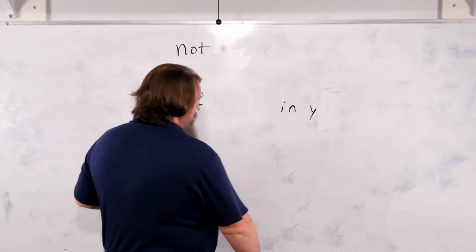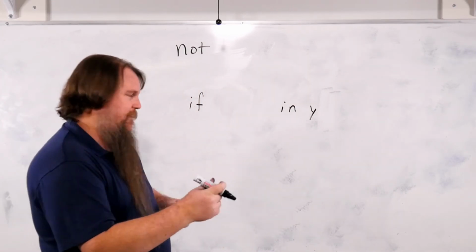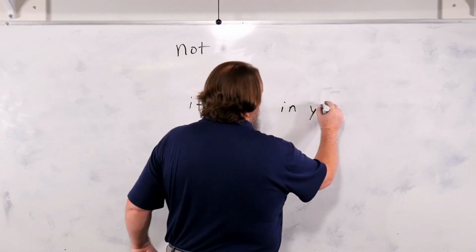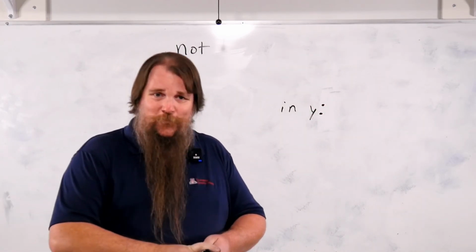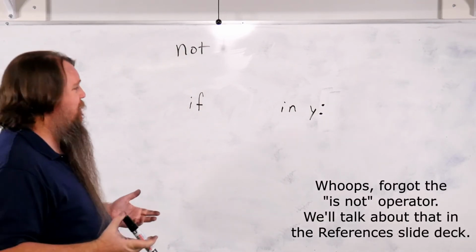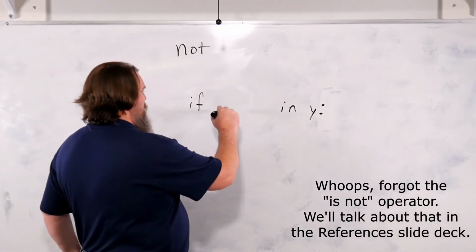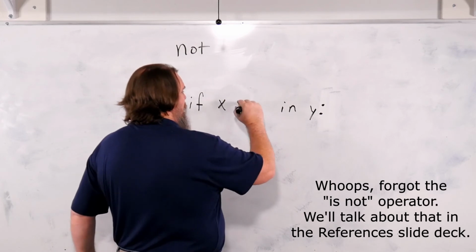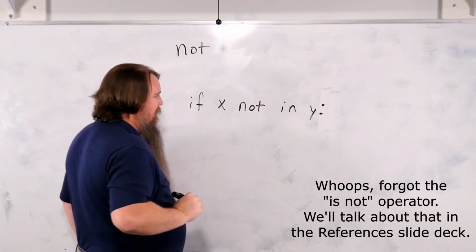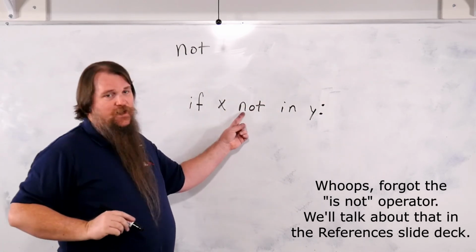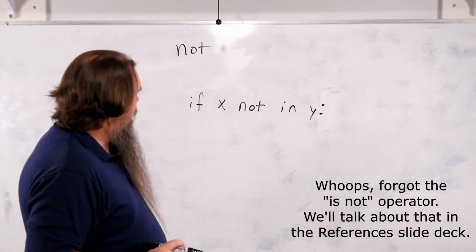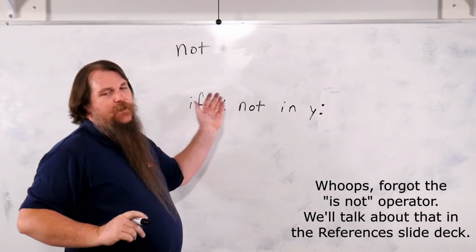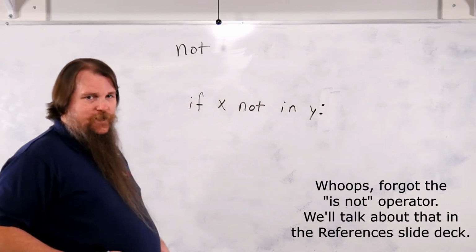Python has a little shorthand for that. As far as I know, this only works with the in operator. It doesn't work with any other expressions that I've ever run across. You can say not in. X not in Y. And that is saying if X is not in Y, then we're going to go ahead and do something.